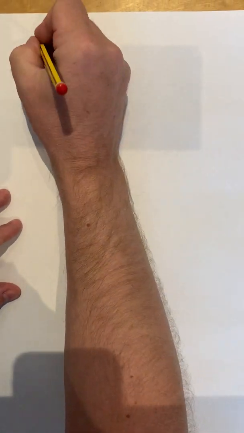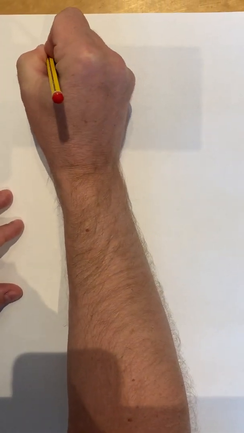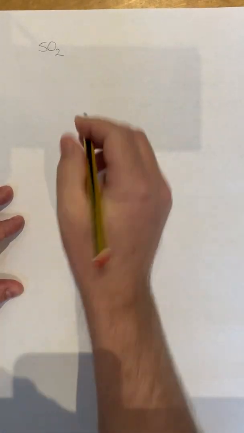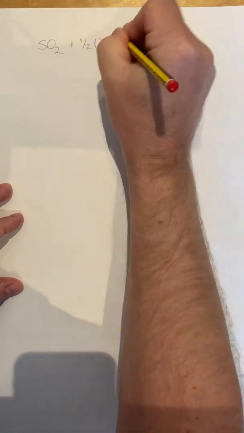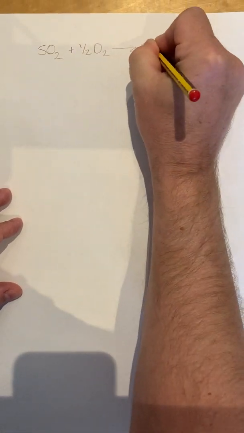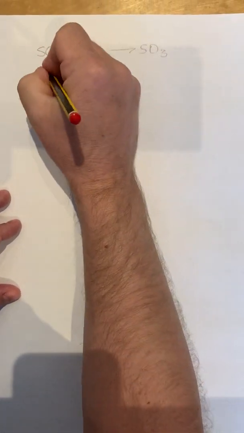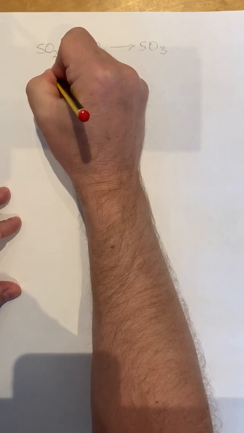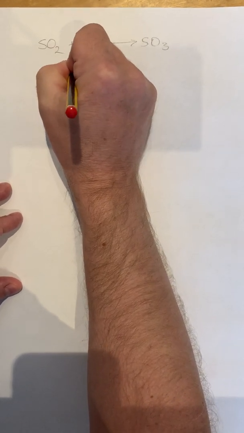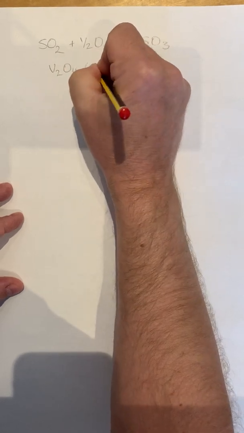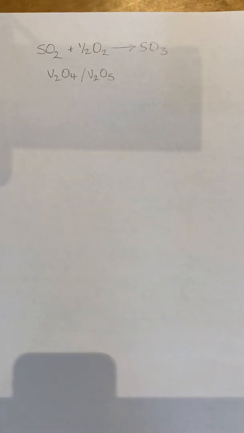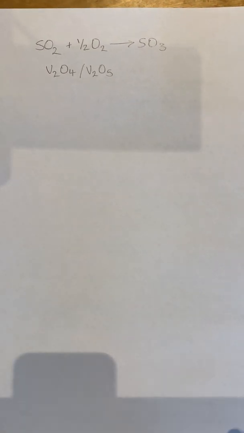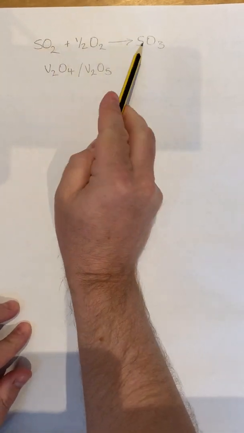So what we're looking at is the reaction of SO2 plus half O2 forming SO3. Now this is catalysed by vanadium 4 oxide, V2O4, or vanadium 5 oxide. It can be one or the other for the reasons that was mentioned in the last video. So going through the same steps, we've got the overall equation here at the top.